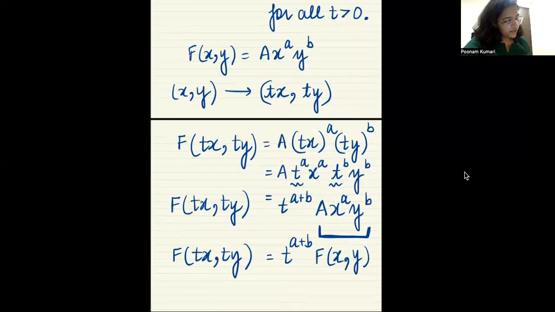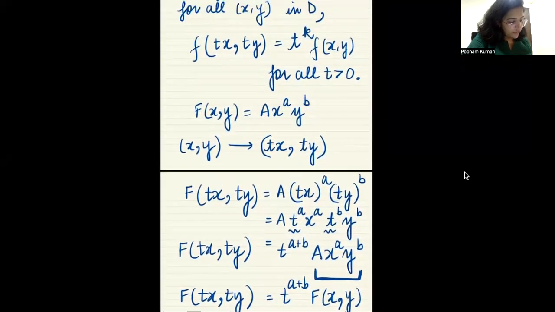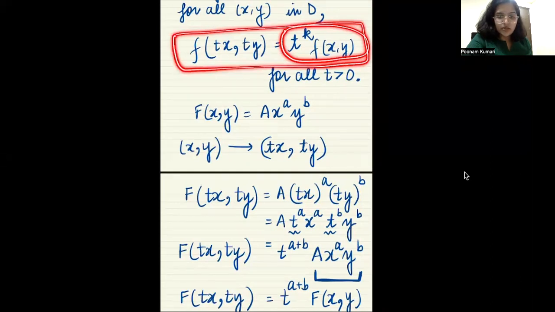So what was our definition? For any function f of x comma y, if you have a number t, and you multiply both x and y by t and put it in your function, it should have a form like this, right? So does the current function that I've written have a form like this? Yes.